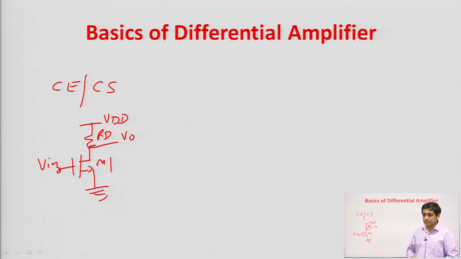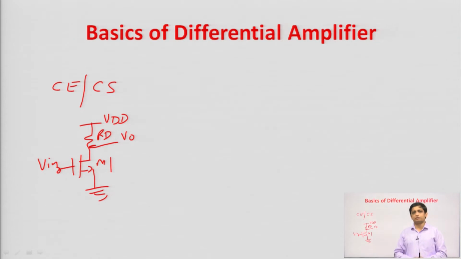Now, the question arises why we need to amplify the difference between two signals, because we already have this common source amplifier, common emitter amplifier using single transistor, then why we need extra transistors to apply the differential input.